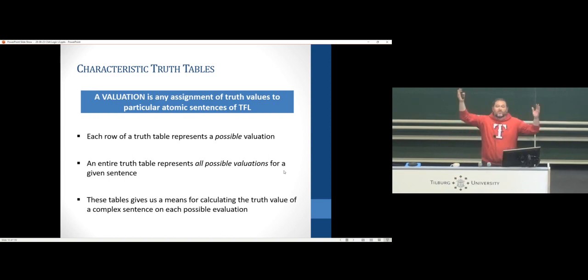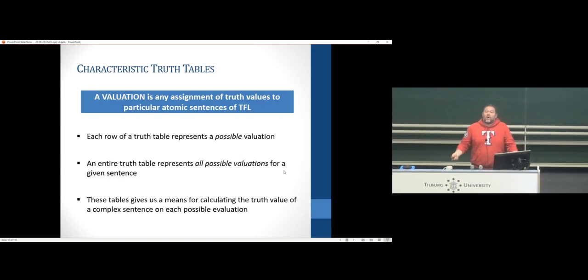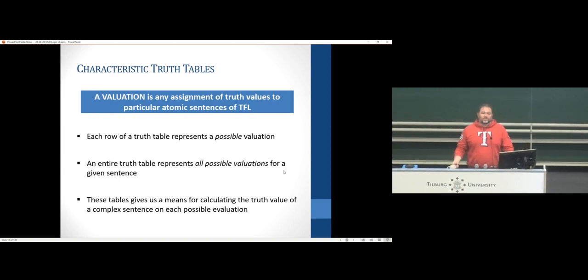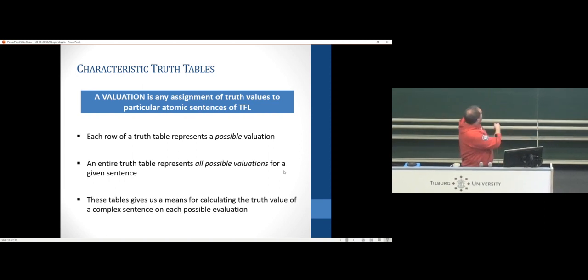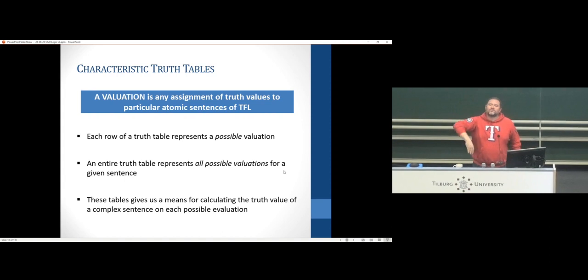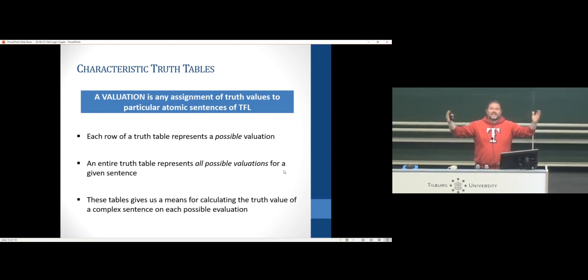The entire table, when we look at all of the valuations together, gives us all the possible assignments of truth values. Effectively, if we look at the columns and the rows together, it's going to give us an assessment of the entire possibility space.